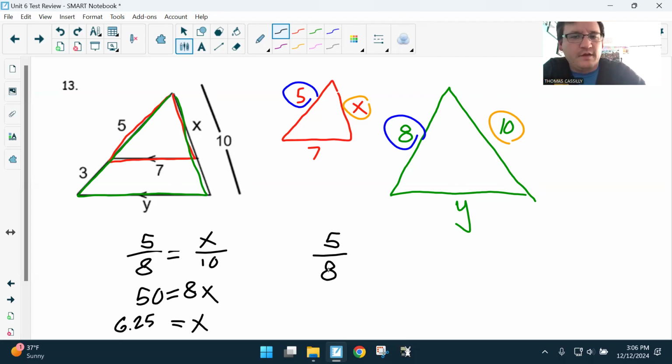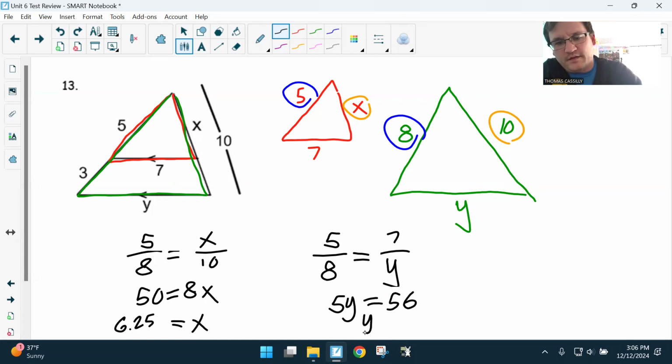I'm going to say 5 divided by 8 is going to be equal to 7 divided by y. 5y equals, I think that's 56, right? And divide that by 5, I think that's going to be 10.2. 11.2. Dang it, that's close. 11.2.